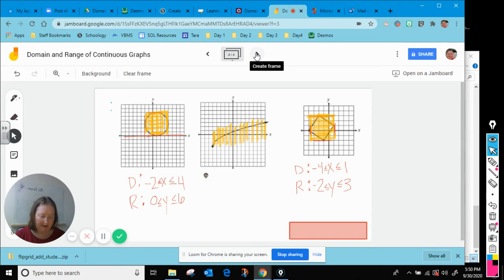So the domain, it has one limit, but notice that on this side over here, it's just going to keep going and going and going. So it only has one limit. So I'm only going to have one inequality symbol. And you can do this in a variety of ways. Here's one way to do it.